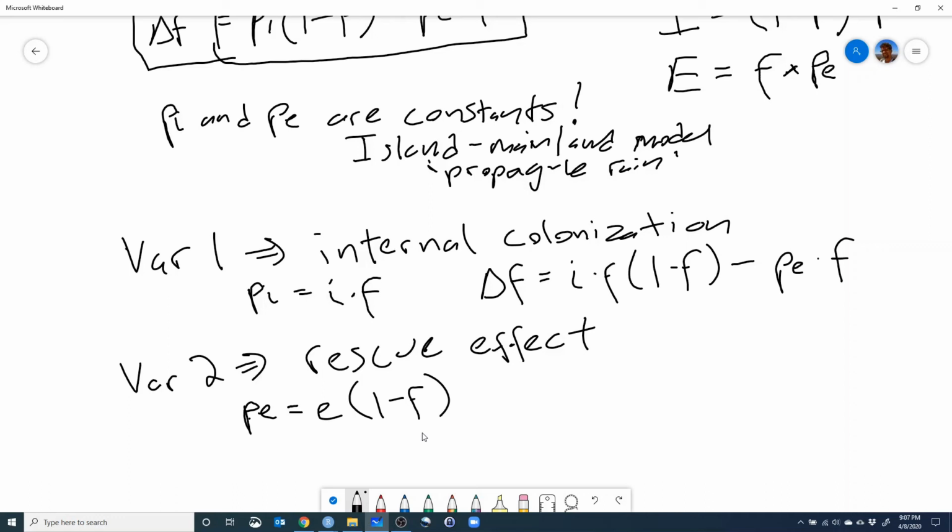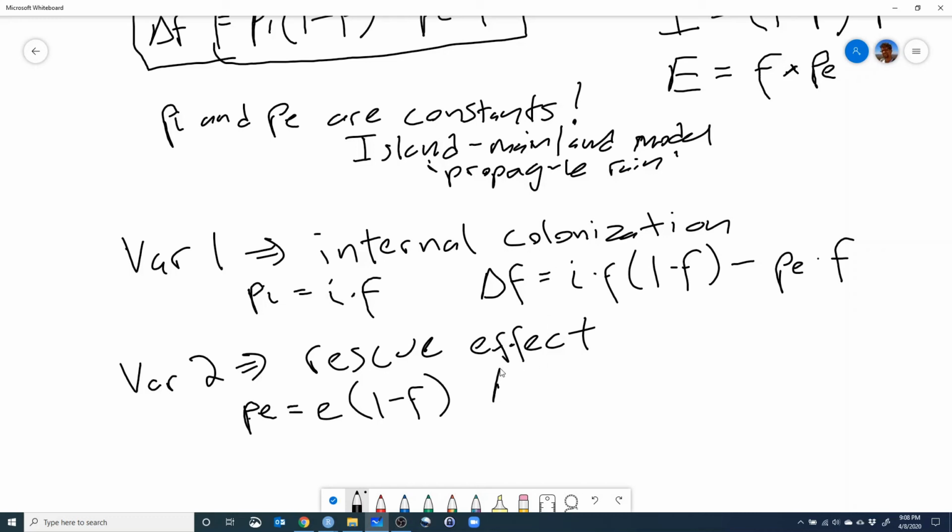That's the one that Gotelli introduces. So as the metapopulation approaches total unoccupancy, or global extirpation, then the extinction risk approaches E. That's the maximum rate of extirpation. And then as the metapopulation gets fully occupied, as f approaches 1, the probability of extinction approaches 0.